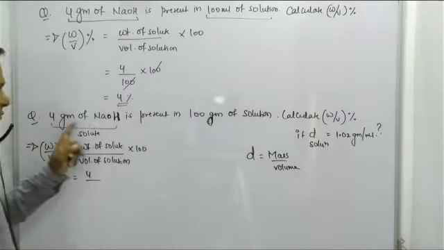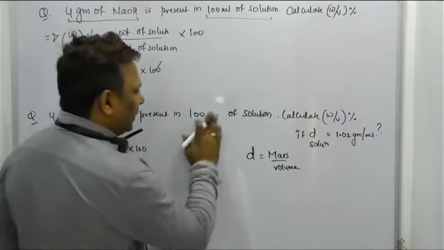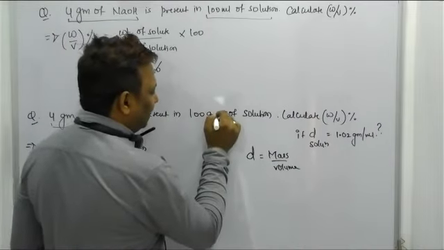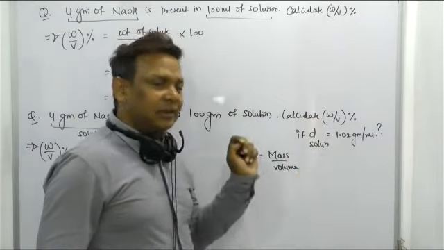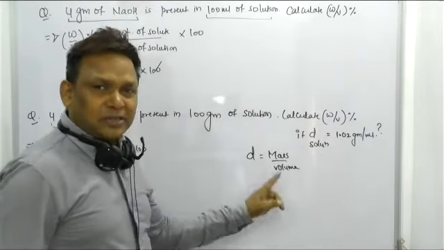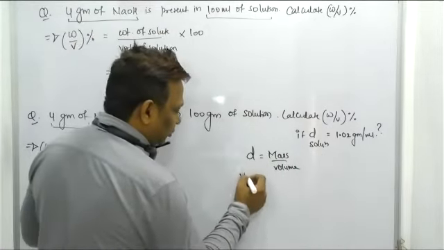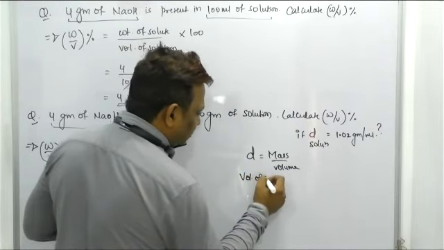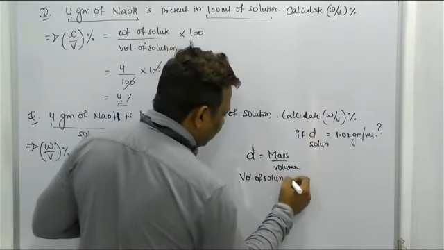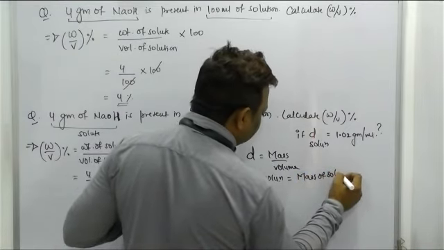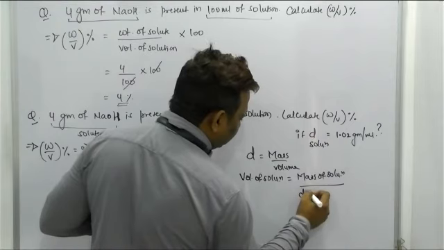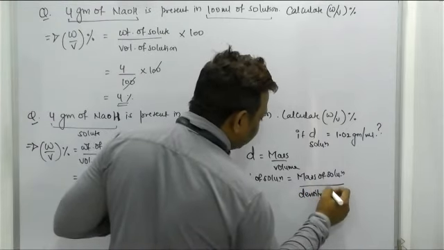So the weight of solute is present in 100 gram of solution and W by V we have to calculate. Density of solution they give. So density equal to mass by volume. Then what will you do beta? Volume of solution should be equal to mass of solution by density of solution.